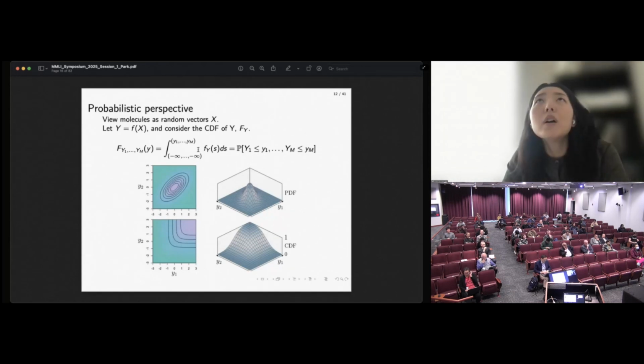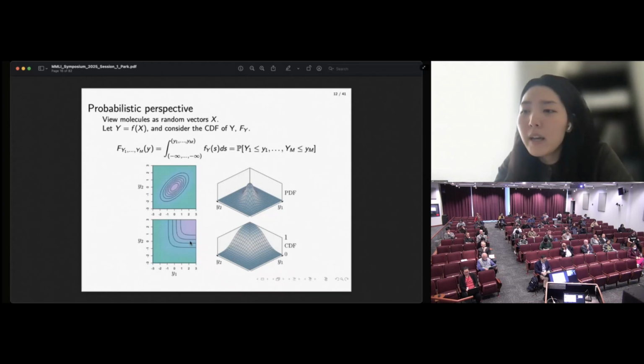And it tells you what fraction of molecules had the first property less than or equal to y1 and the second property less than or equal to y2. So exactly weak dominance. And because it's essentially a fraction, the CDF values are in the range 0 to 1. And this bottom panel shows the corresponding bivariate Gaussian CDF.